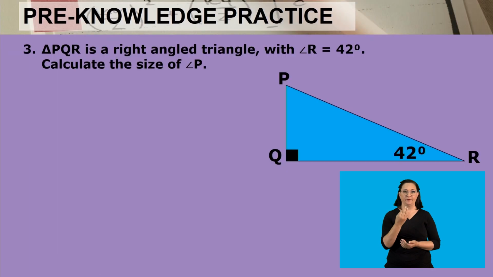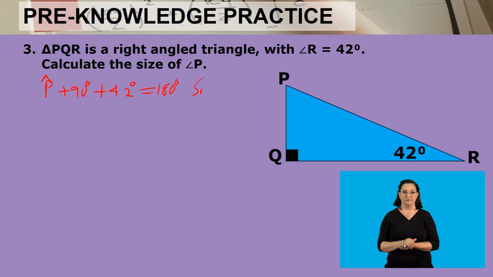Number 3, triangle PQR is a right-angled triangle with angle R equals 42 degrees. Calculate the size of angle P. Angles of a triangle equal 180. So it's going to be angle P plus 90 degrees plus 42 degrees, which equals 180.